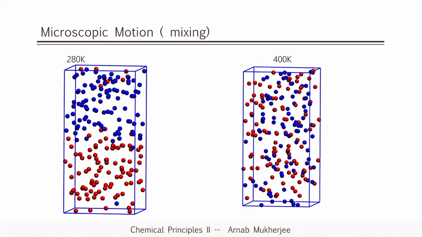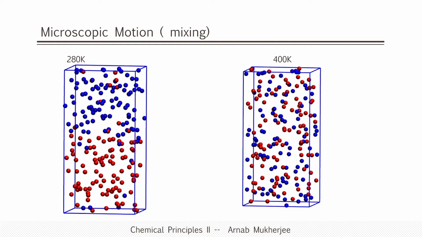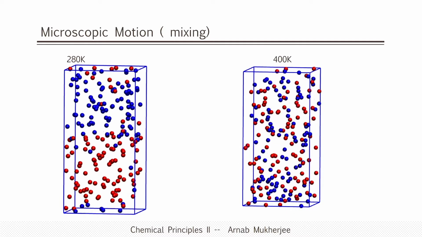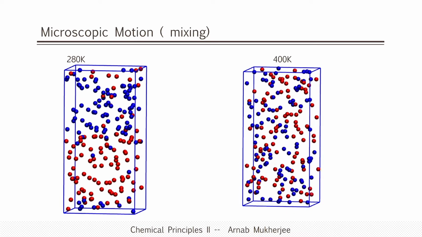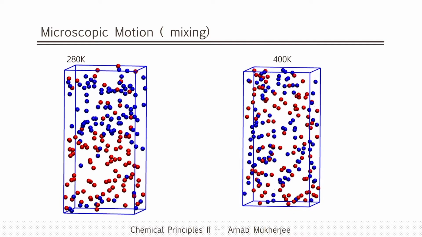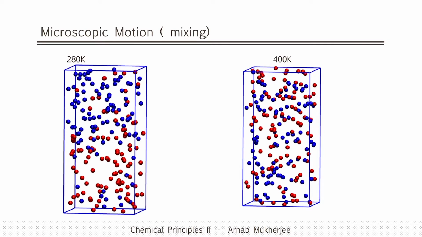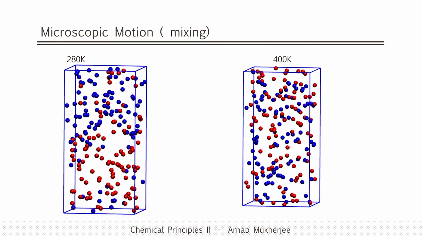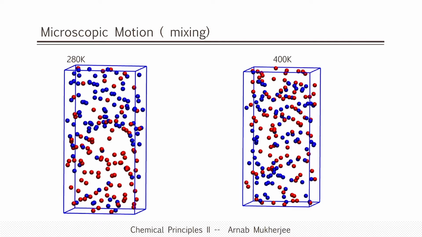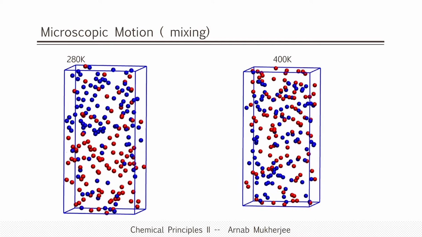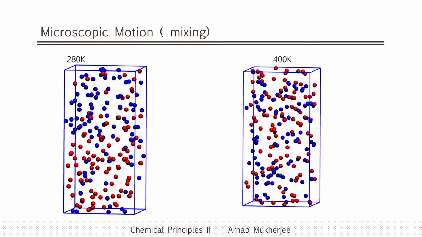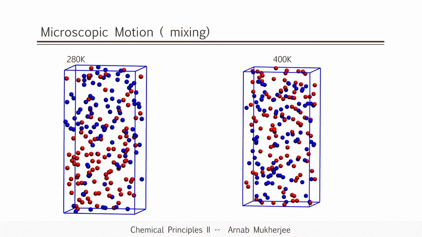Initially they are separated, these blue and red particles. As time progresses, the 400 Kelvin system is mixing much faster than the 280 Kelvin. 280 is pretty close to the ice-like situation, and 400 is a little bit higher than the boiling point. We are also going to show that through a demonstration here.